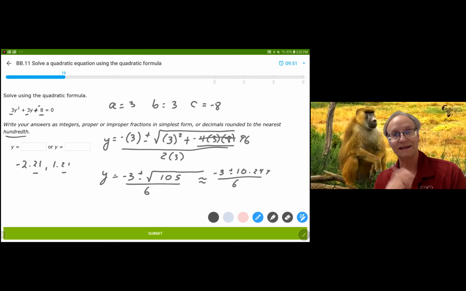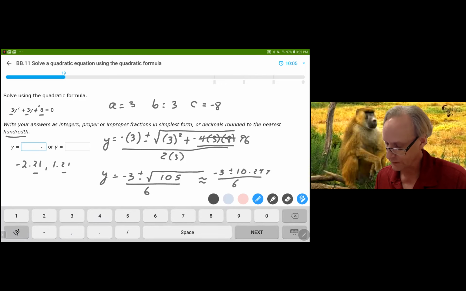That's an important idea, and it generally will be either they'll be equal or they'll be conjugates of one another. Conjugate for 21 would be 79. Anyway, just something to keep in mind so you know if you're on the right track. 2.21 and 1.21. I believe that's correct.